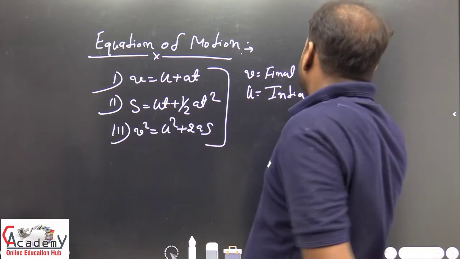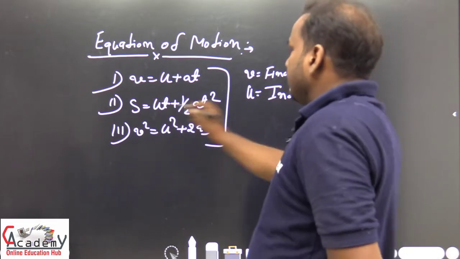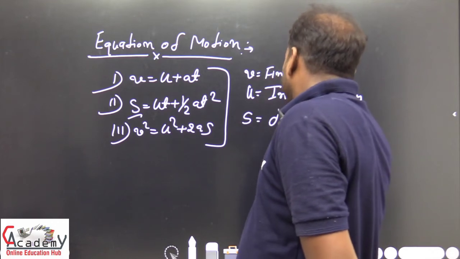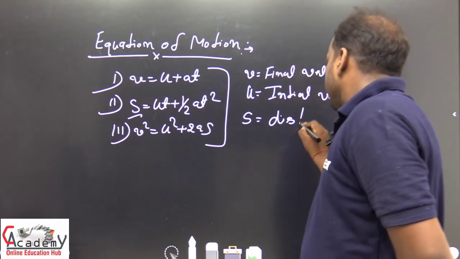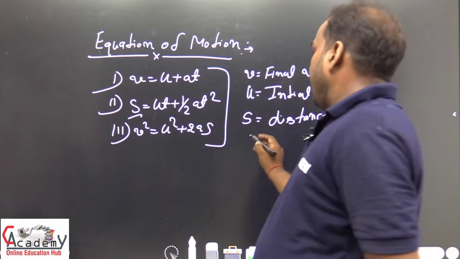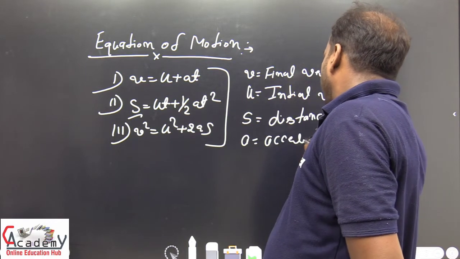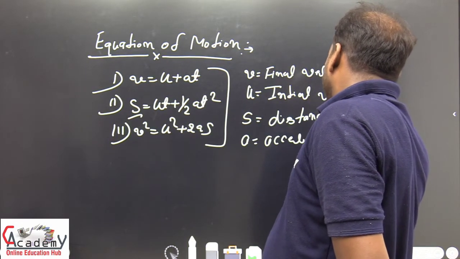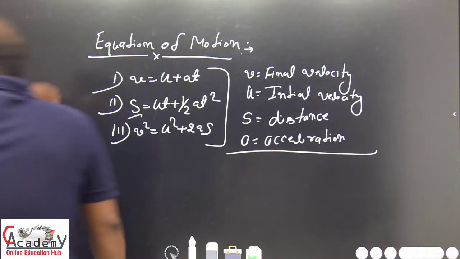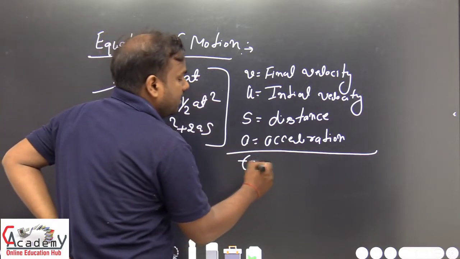Next, in the second equation, S is the distance covered by the particle, A is acceleration, and T is time.